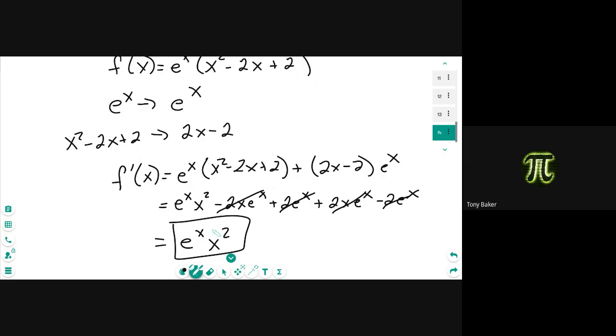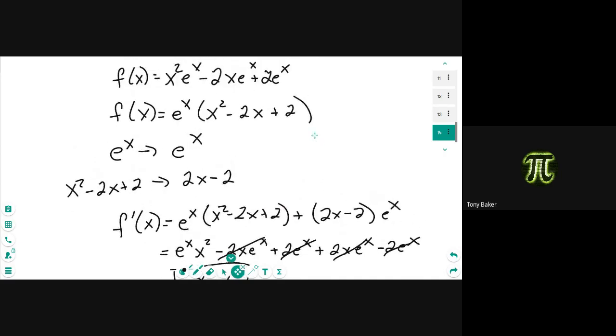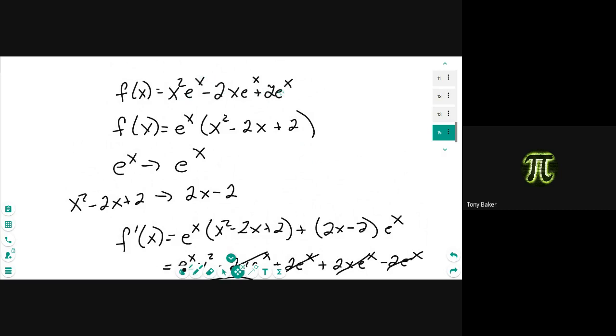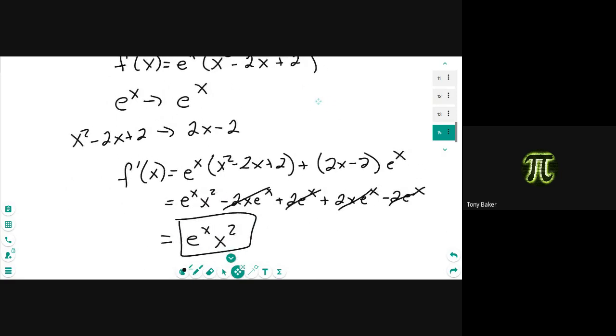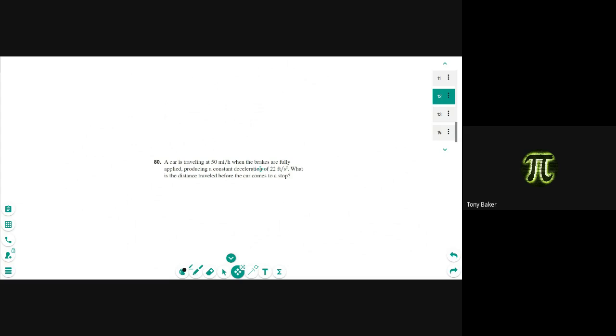So to go from that to that takes some work because it's not implicitly obvious how you get there. And that's where a lot of the stuff in Calc 2 comes into play. That's actually chapter 7. So we can get to that. Not in this class. No.